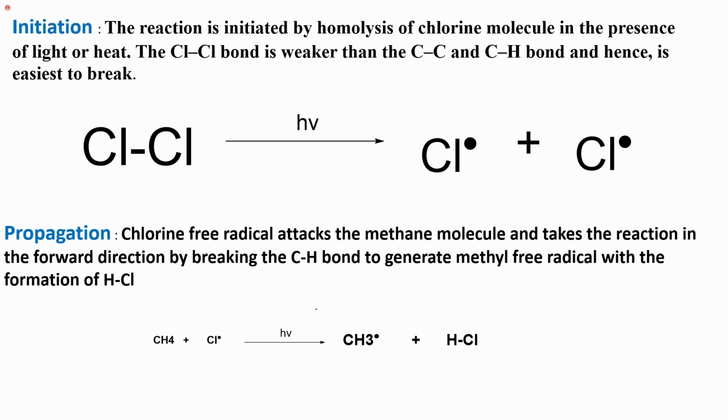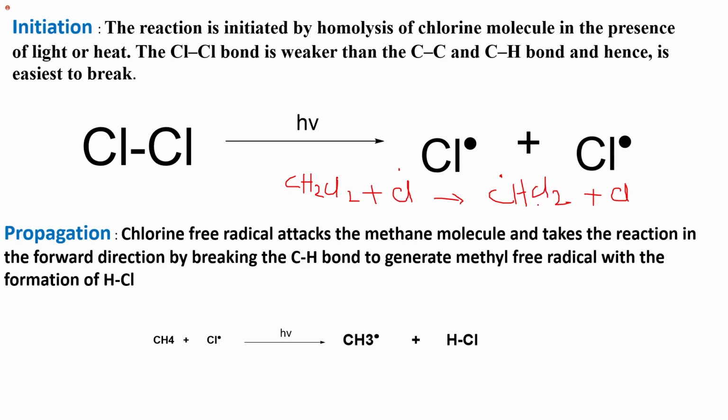So let's say now we have CH2Cl2 plus Cl dot. So what will it form? It will form CHCl2 dot.